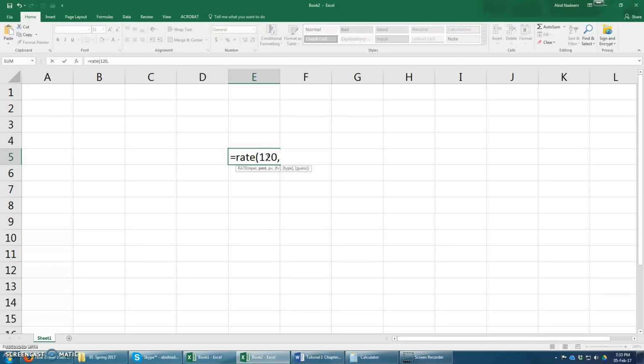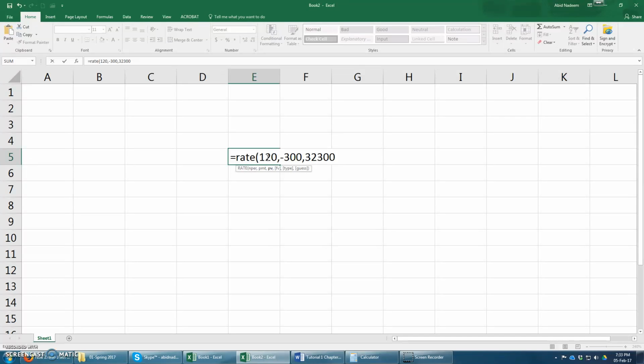Then it will ask for PMT, the amount of payment. If you are paying 300, it should be input as negative 300. And then PV, which is the loan you initially got. This amount was $32,300.